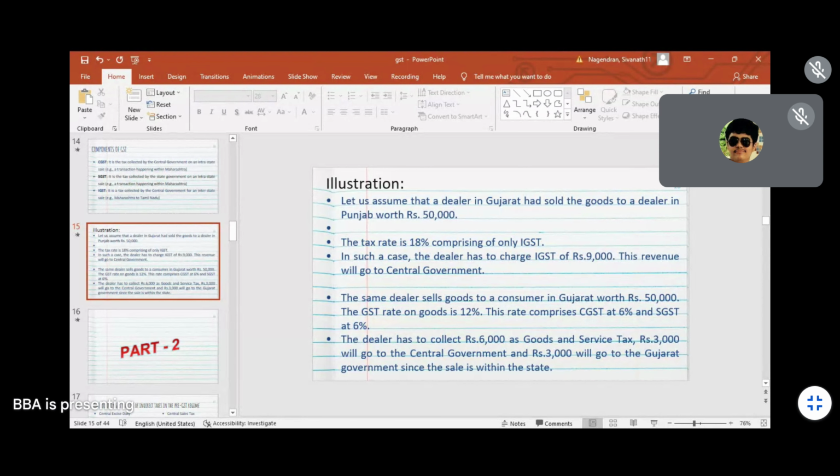Here we are going to apply CGST and SGST. The total GST rate is 12%: 6% CGST, central GST, and 6% state GST. So out of 50,000, the total 12% is 6,000. That is, 3,000 will go to the central government and 3,000 will go to the particular state government, if the sale happens within the state. Okay, is it clear?